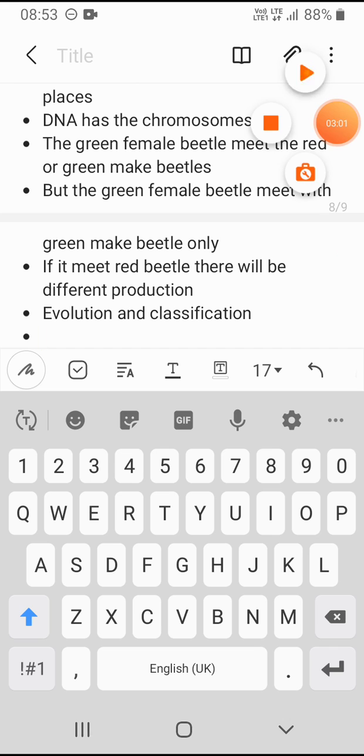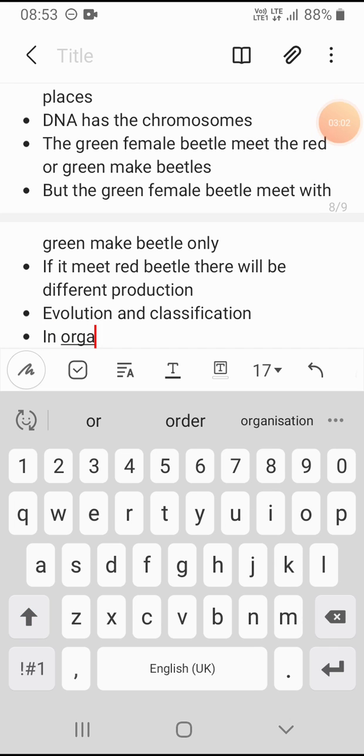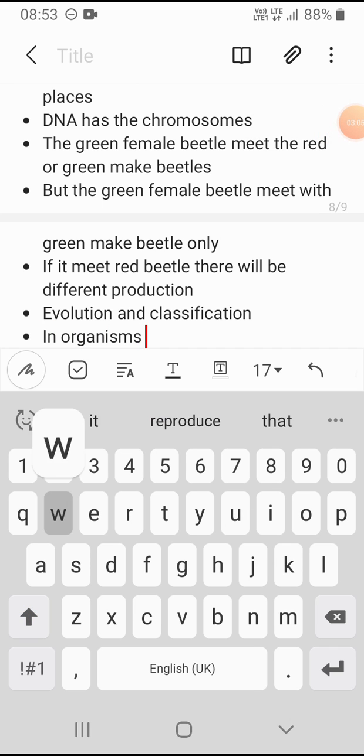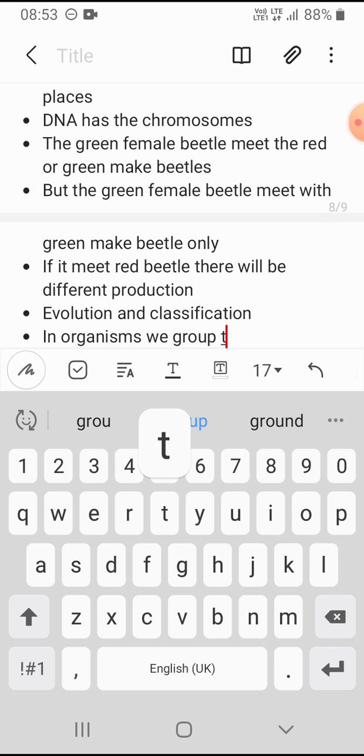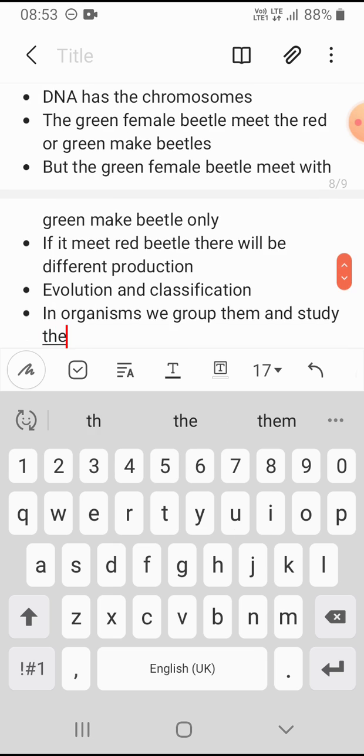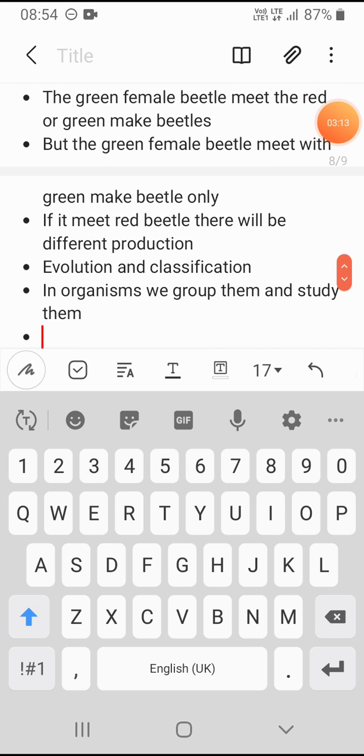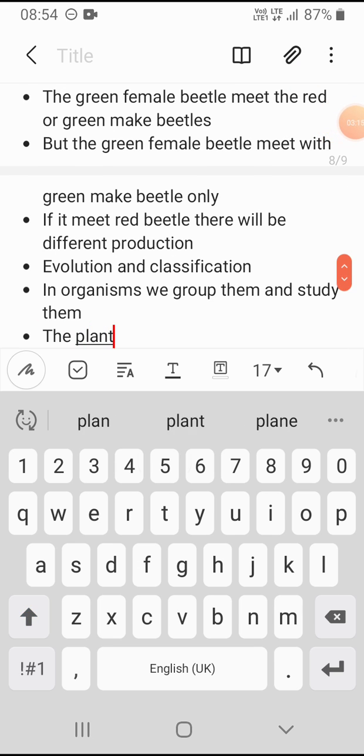changes in the beetle. Organisms, we group them and study them. You all know, we group the organisms and then we study. A plant does photosynthesis.